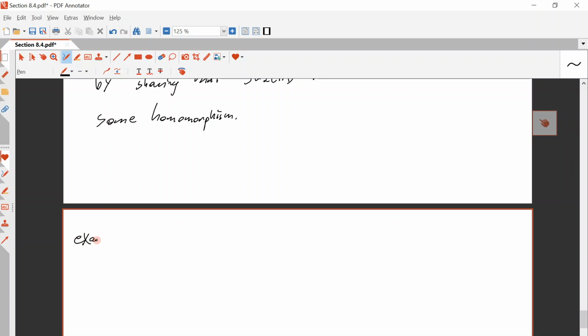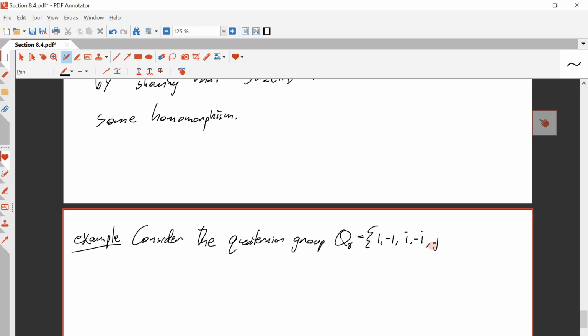All right, another example. Consider the group Q8, the quaternion group Q8. Again, it's the group 1, -1, i, -i, j, -j, k, -k under the cross product.